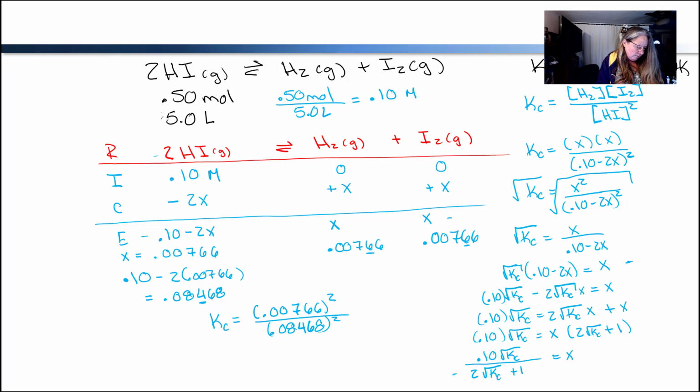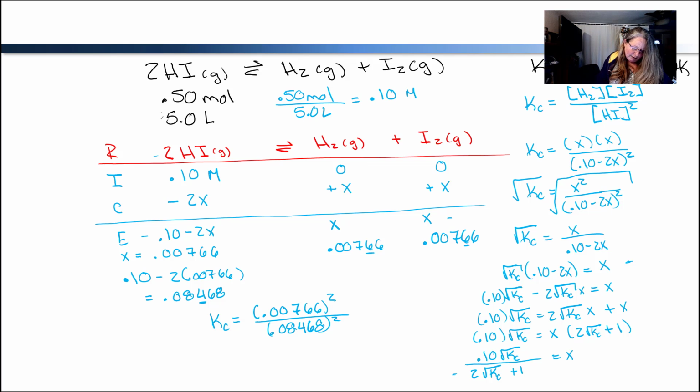And there's this one. Woo! 0.00766 squared divided by 0.08468 squared. Okay, so I do have a mistake. So let's see. Where did I go wrong?